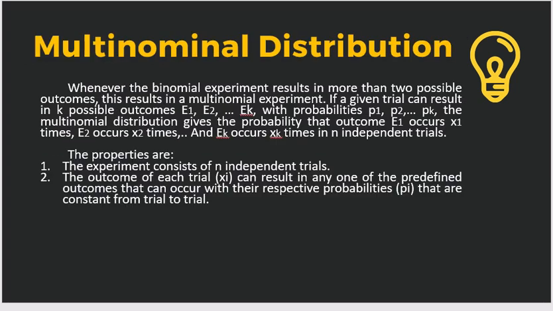So we have the multinomial distribution. Whenever the binomial experiment results in more than 2 possible outcomes, this is a multinomial experiment.